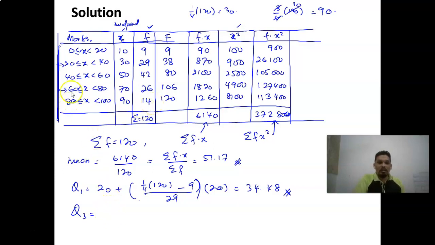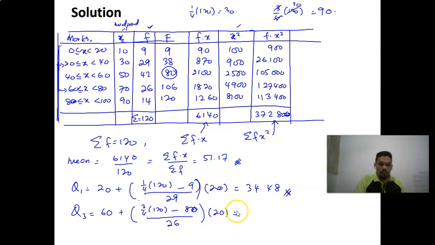Now the lowest value, we call minimum, of this here is 60, plus 3/4 times 120 minus the cumulative frequency before the third quartile class, which is 80, divided by the frequency of the third quartile class here, 26, and the class size, all the same, which is equal to 20.